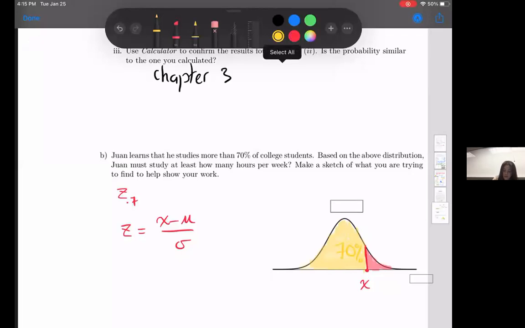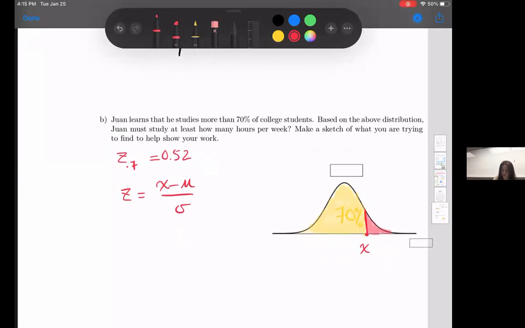Somebody look it up. Tell me what it is. The conservative z-score is 0.52. 0.52. Thank you. On the exam, if you pick the conservative one, or the other one, it's fine, but not really far away from it.